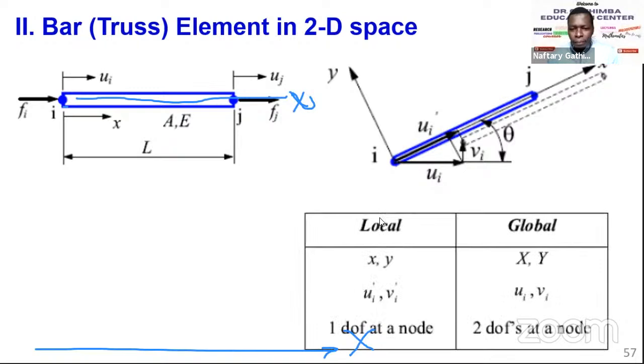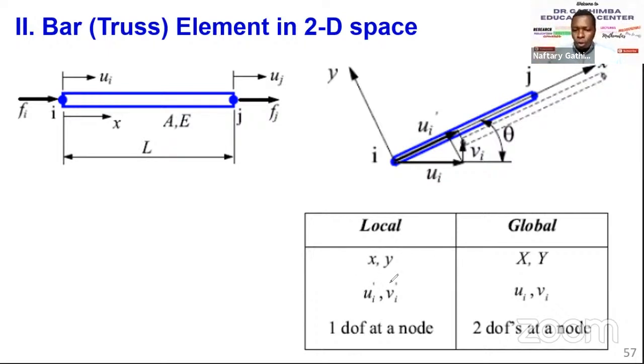In this case now, we are considering something like this. In the local coordinate system, for the individual element, use small letters to represent the axes x, y. For global, use capital letters. Now, for the nodal displacement in the local coordinate system, we are introducing a prime, that apostrophe.